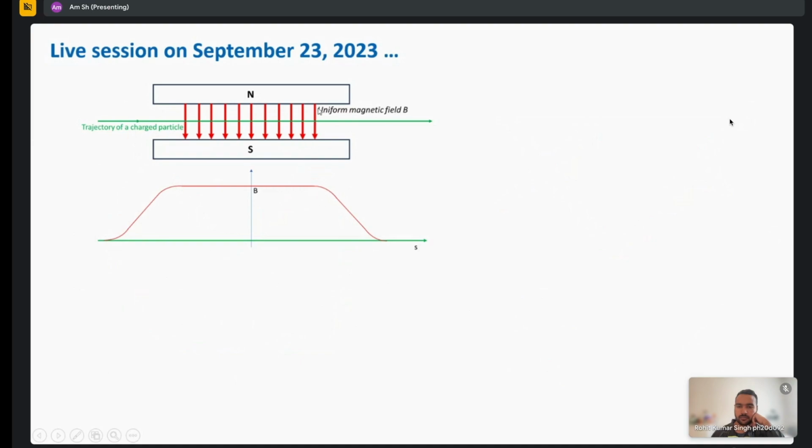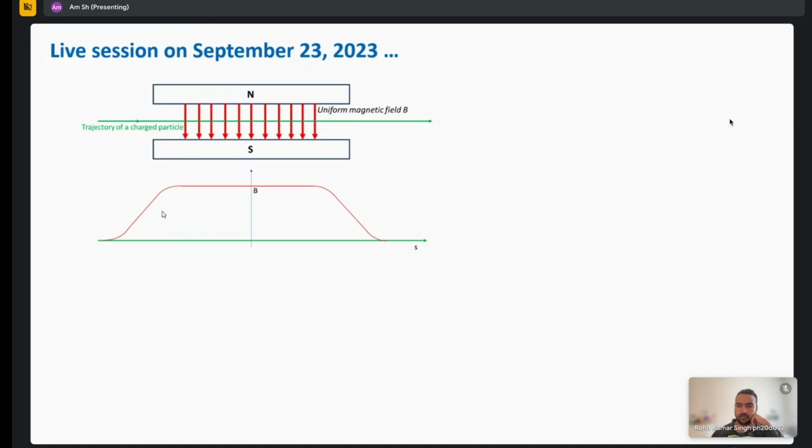And again, at the exit edge, it falls gradually. There must not be any step function like that. That is not permissible. If you see Maxwell's equations, a step change in magnetic field is not allowed. It violates Maxwell's equations.